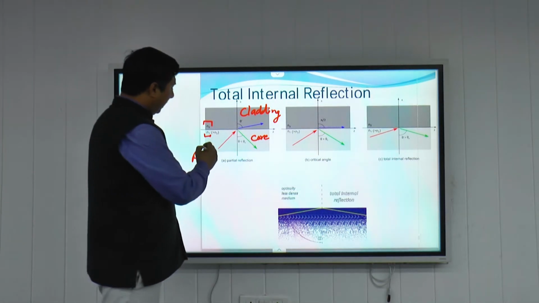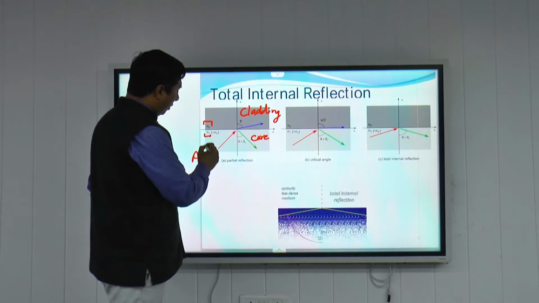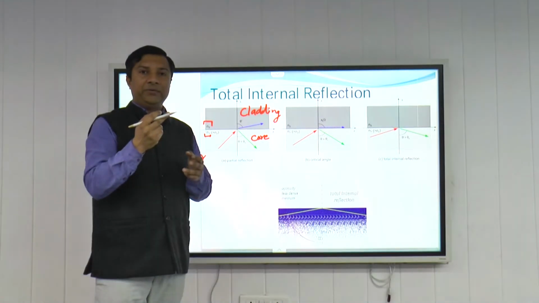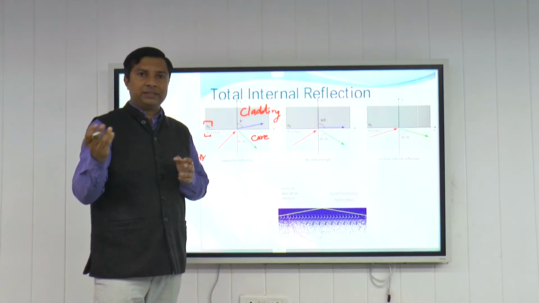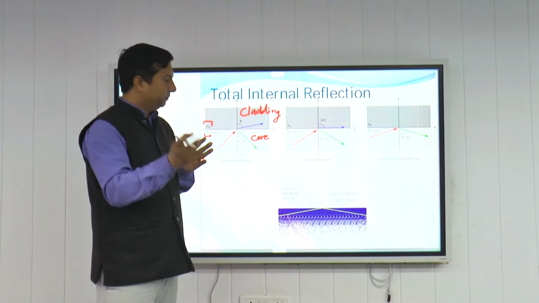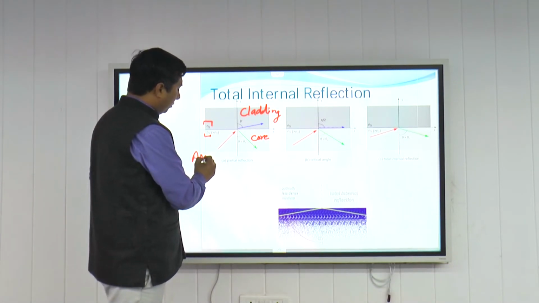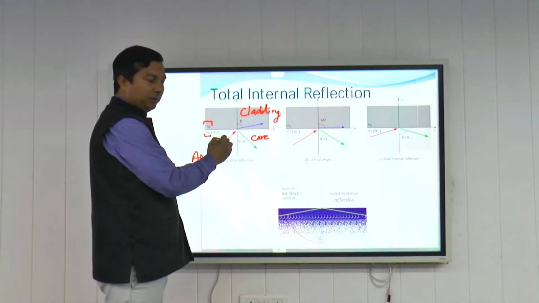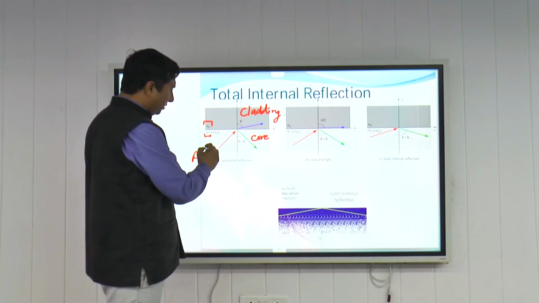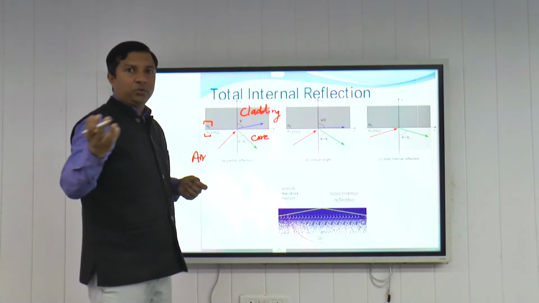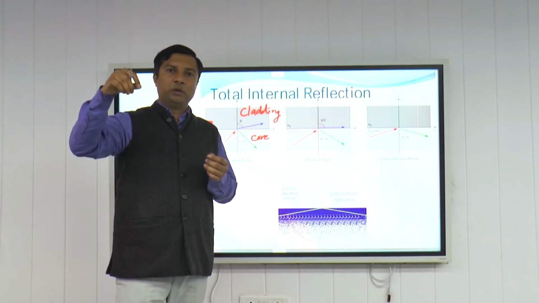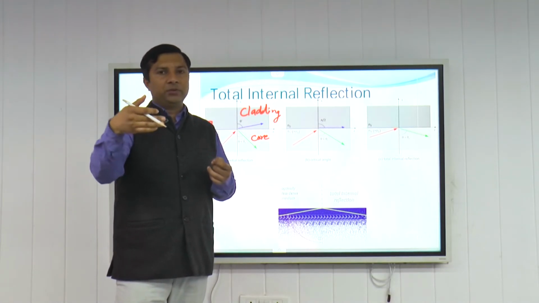We know when light travels from a medium with high refractive index to a medium with low refractive index, it will move away from the normal. So, when light enters this optical fiber, it will just bend, just like you have seen in the experiment of the pencil. Once you put a pencil in the water, you will see it bend.